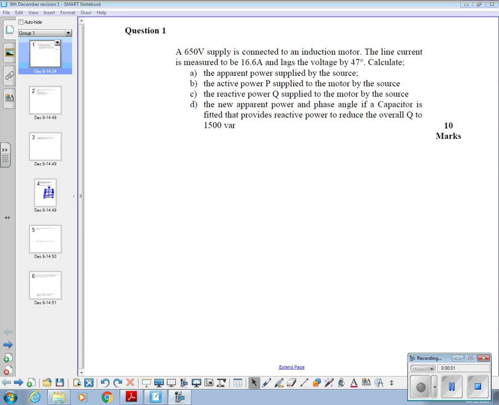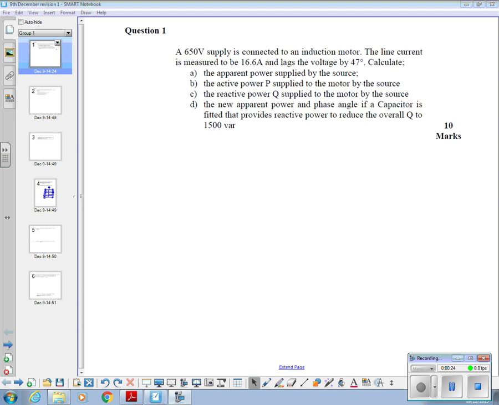In this video, we'll take a look at the first two questions on the practice sheet that I've given you for this first week of revision. Question 1 is about a 650 volt supply connected to an induction motor. The line current is measured to be 16.6 amps and lags the voltage by 47 degrees.